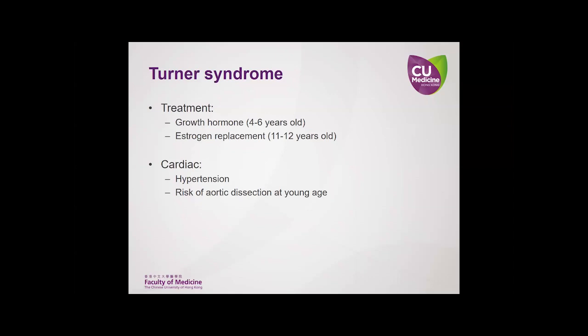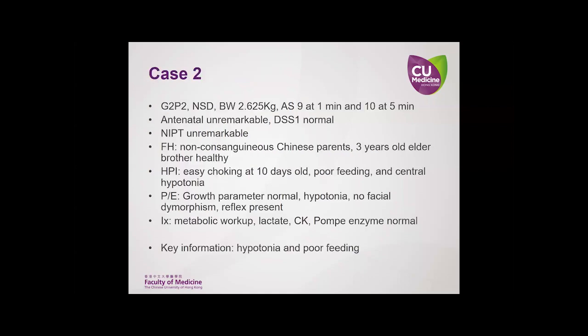Even if on physical examination you cannot detect any murmur, which may mean the patient is not suffering from any major structural abnormalities, having a diagnosis of Turner syndrome or mosaic Turner syndrome means those patients have a high risk of developing hypertension, and also a high risk of aortic dissection at a young age. The life expectancy for Turner syndrome patients is mainly related to the cardiac presentation of the patients.